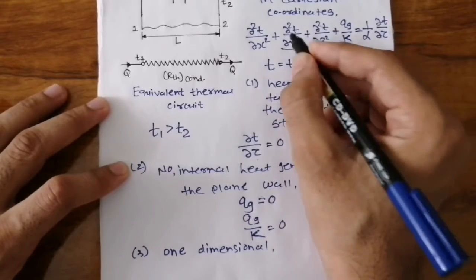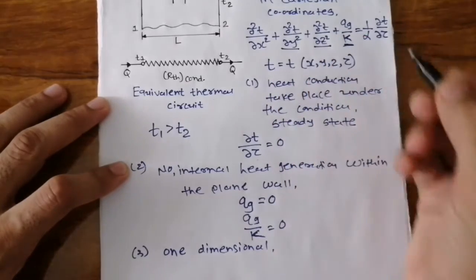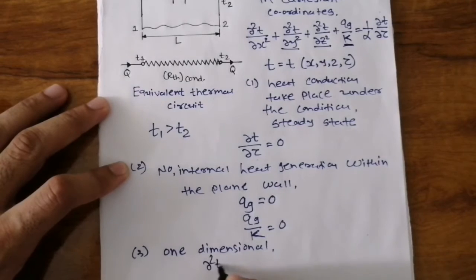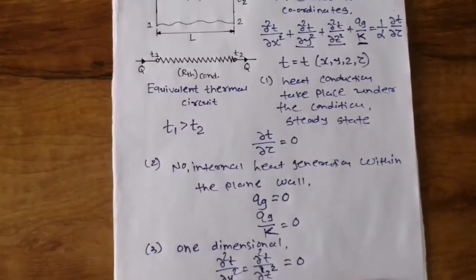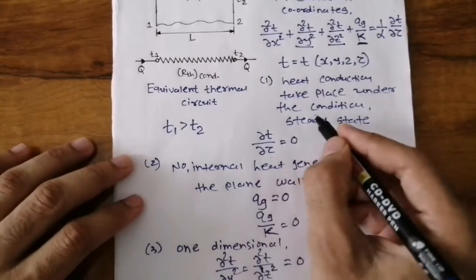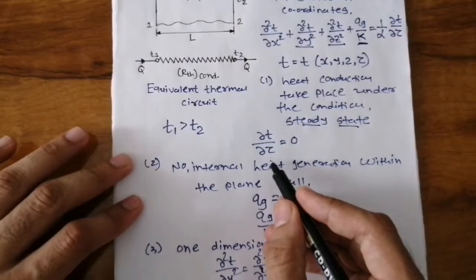Del square T by del y square and del square T by del z square are equal to 0. So first we considered the steady state condition, which means del T by del tau is equal to 0.